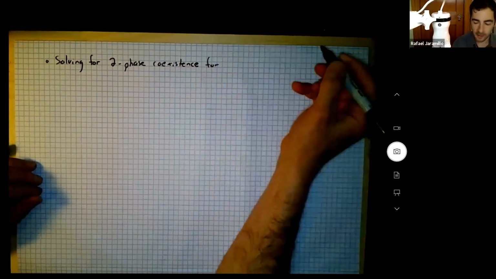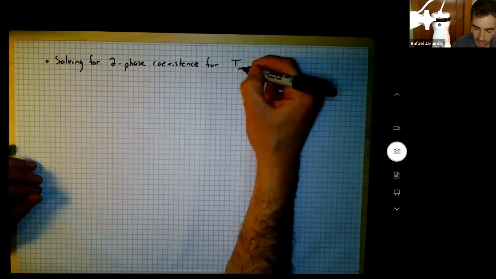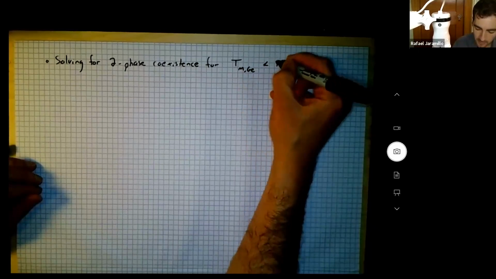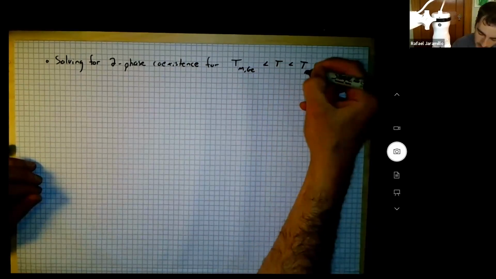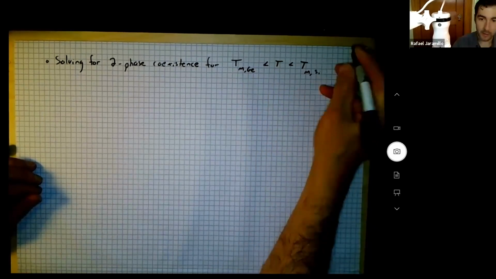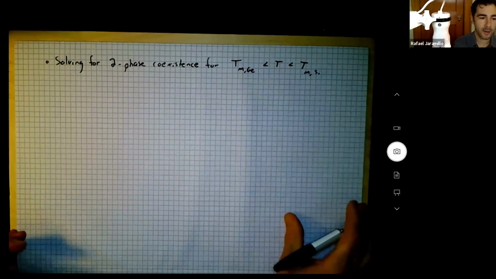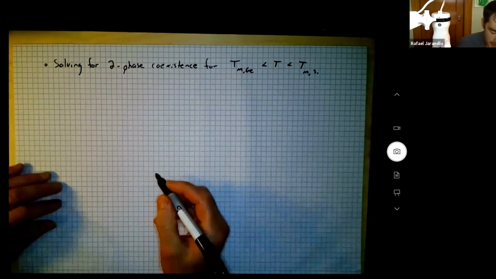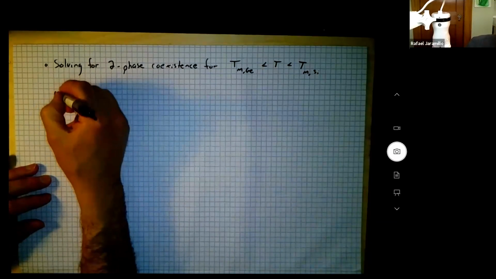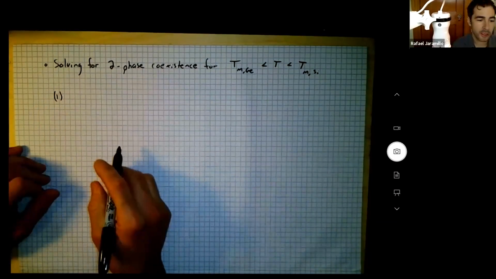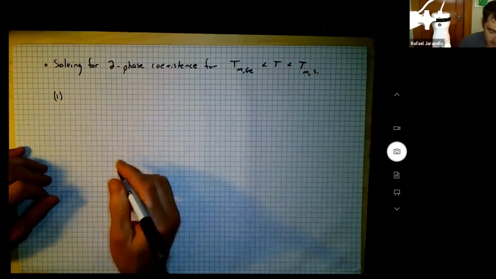Let's make this specific. Let's go back to the case of silicon germanium, right? Where we know we have two-phase coexistence in between the melting temps. And so we're going to use our two-phase coexistence conditions from previous.